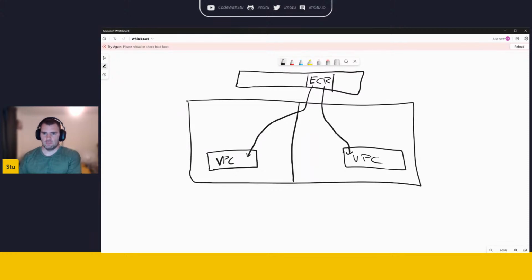And how you get that into ECR, you might have like a GitHub runner, for example, which may be public, and that has permission to push into ECR, and it has the ability to pull for testing and whatnot. But when we come down into the individual accounts, we're only going to have pull only. So these accounts can't start publishing randomly into ECR.